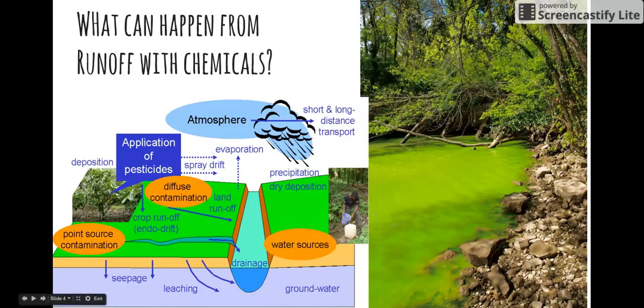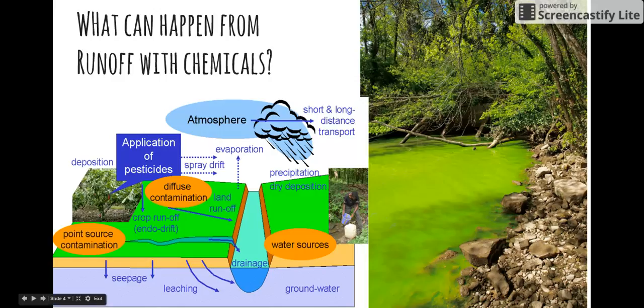So this picture on the right shows what happens when you have too much fertilizer going into a pond from runoff. And what you see here is all this green, and this green is algae. Algae is a plant source, so it takes this fertilizer and it blooms like crazy. And we call this eutrophication, but you don't need to know that word.